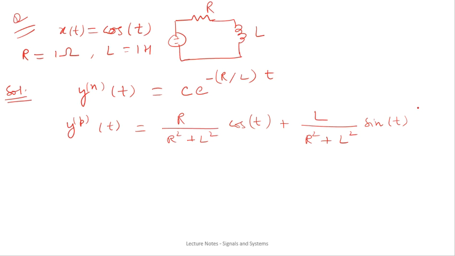In this particular solution we have used omega naught equals 1, since it is 1 in the given problem.